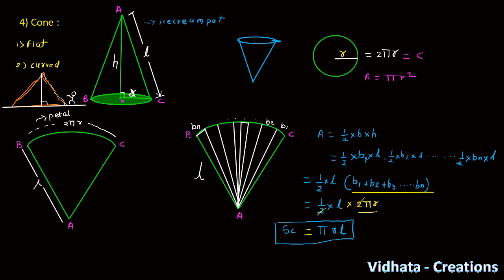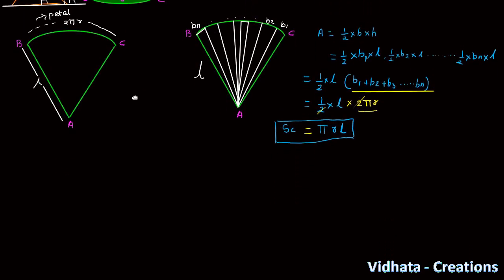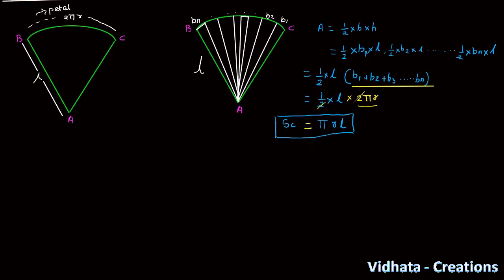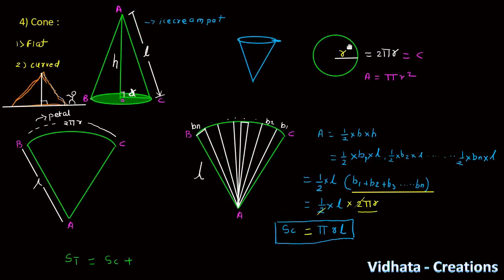Now what can you say about the total surface area of a cone? You just got SC. What is meant by SC? Curved surface area. But what we want to find is ST, the total surface area of the cone, that is equal to SC plus the area at the bottom.